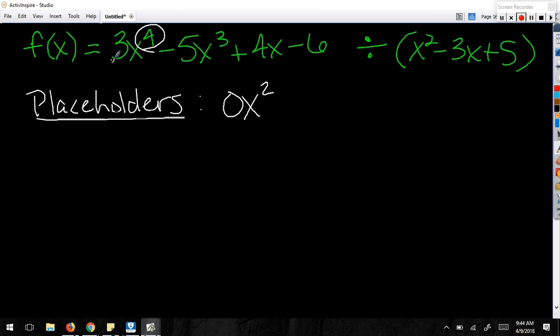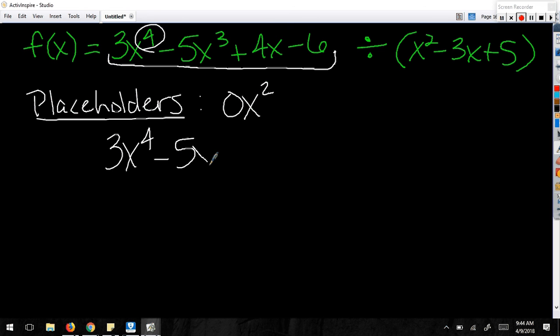So it's going to be 3x to the 4th minus 5x cubed plus 0x squared plus 4x minus 6. Does that make sense? You need every exponent there, from the biggest one all the way down to the constant.